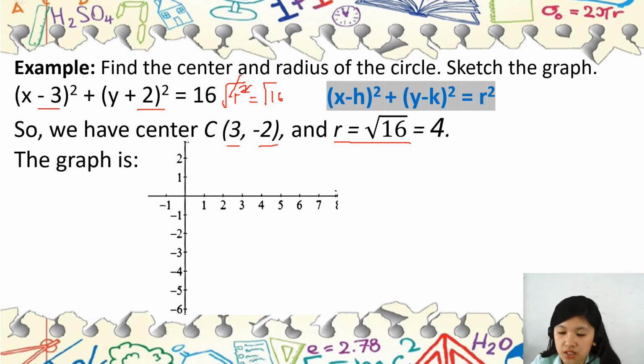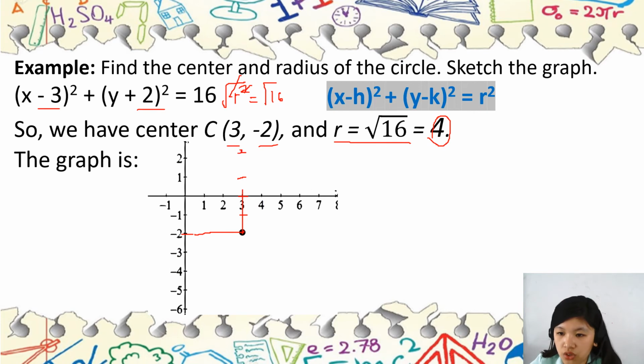So, the graph is, let us plot our 3 and negative 2. It is here because this is 3 on the x-axis and this is negative 2 on the y-axis. We connect them, and where they intersect is our point 3, negative 2. Then, since our radius is 4, we go up 4 times: 1, 2, 3, 4.